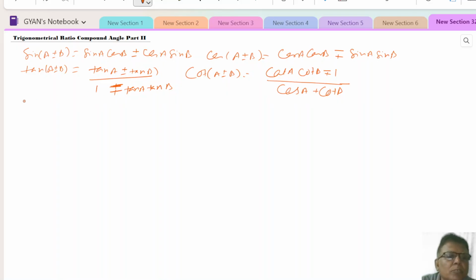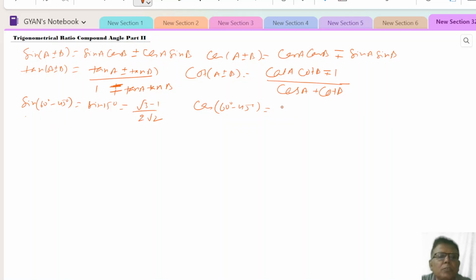We have also used sin(60 degree minus 45 degree), which is sin 15 degree, and using this formula we had derived root 3 minus 1 divided by 2 root 2, and cos(60 degree minus 45 degree), which is cos 15 degree, we had derived root 3 plus 1 divided by 2 root 2.